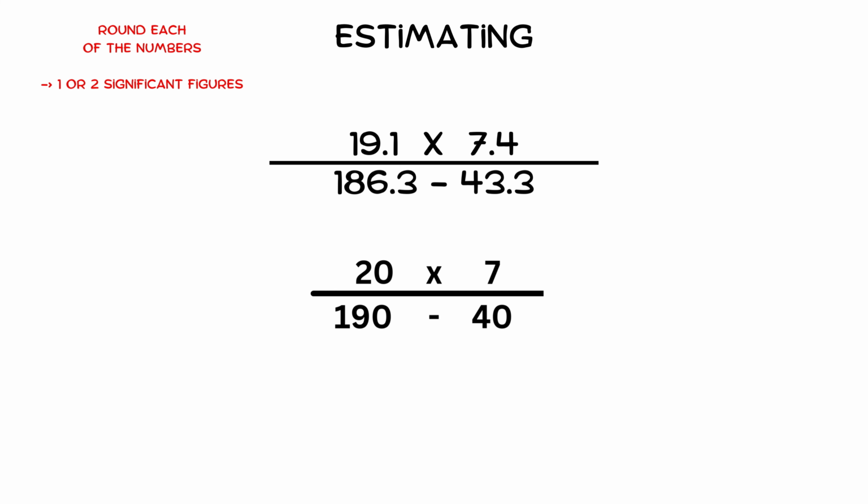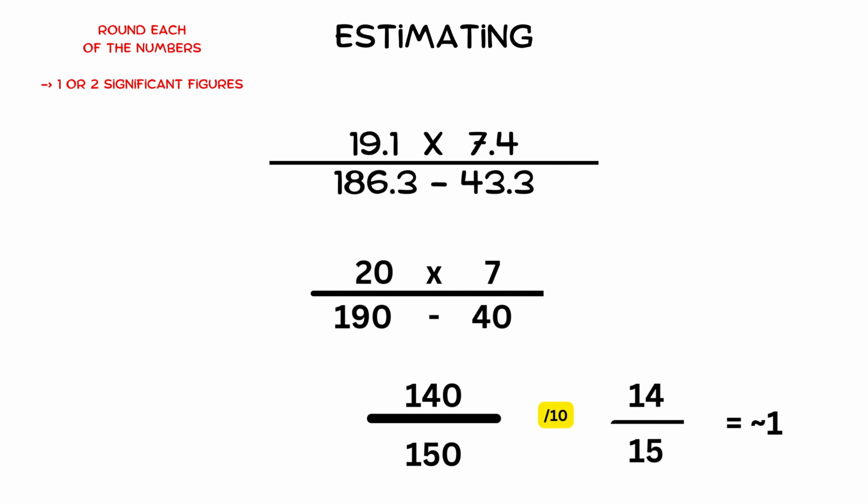So here on the top, we could round the 19.1 up to 20 and the 7.4 down to 7, so that our numerator becomes 20 times 7, which is 140. Then for the denominator, we could round 186.3 up to 190 and 43.3 down to 40, so that we have 190 minus 40, which is 150.